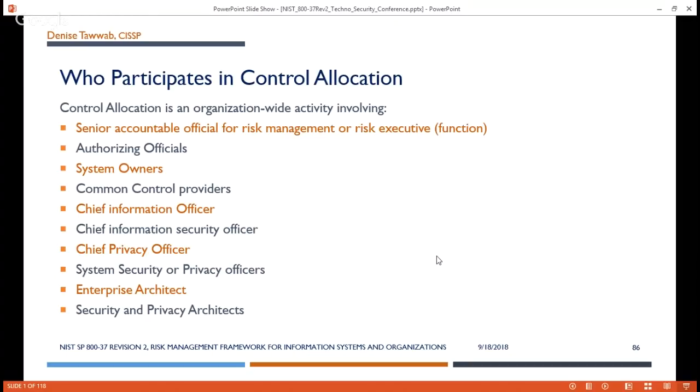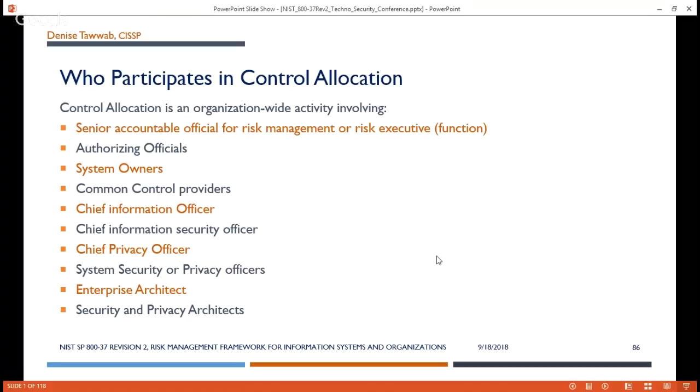You have the building and the doors and the locks, and you have the security guard, and all of that becomes a common control that supports all of the information systems within that particular facility. Now, for say your server room, you may have additional controls that are specific to that server system, but you also have the common controls that support many different systems within a facility. So that's just one example.